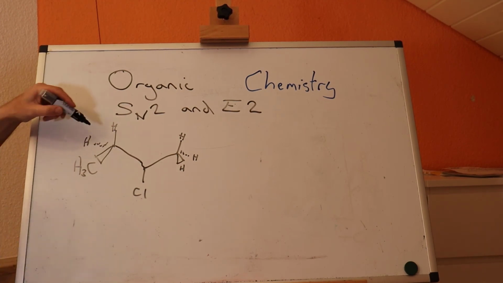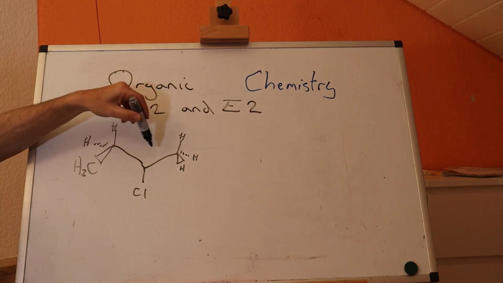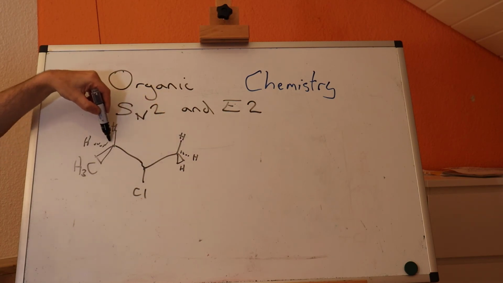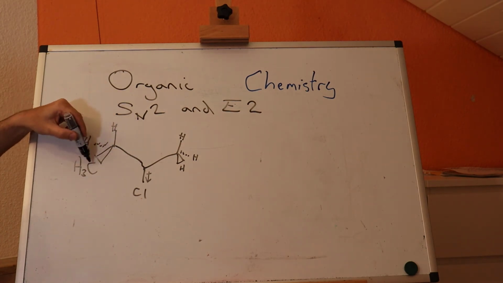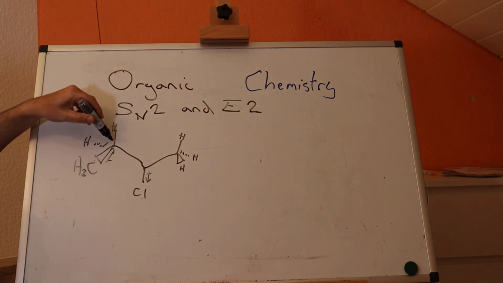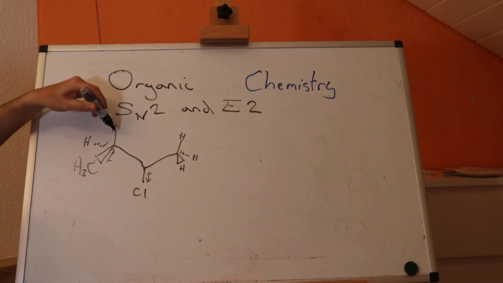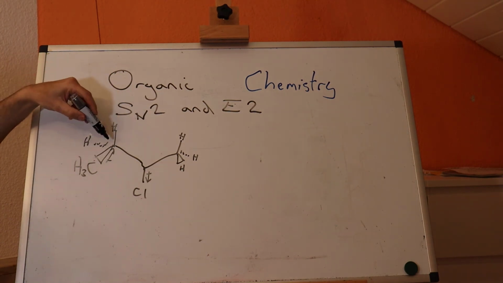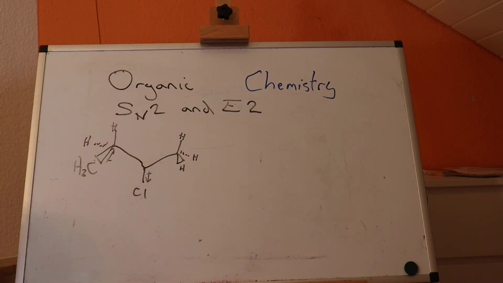We could say these hydrogens on here, which we can call protons, are more acidic than these hydrogens on here, because these ones are exactly the same distance away from the chloride, which is drawing electron density away from this carbon, but these ones are also close to this group here, which is donating electron density into this carbon, which allows it to be more stable if we take this electron away. We have more electron density here.